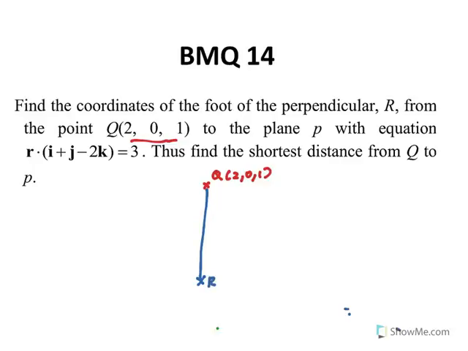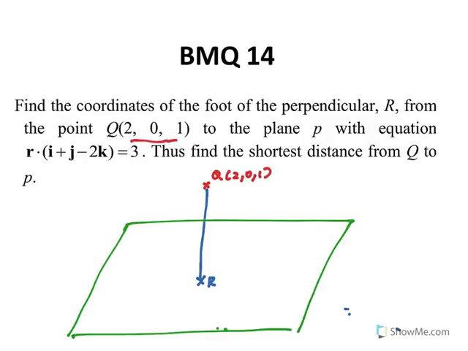Our plane has the vector equation in scalar product form, r dot product with (1, 1, -2) equals 3. First, we recognize that (1, 1, -2) is the normal vector to the plane.